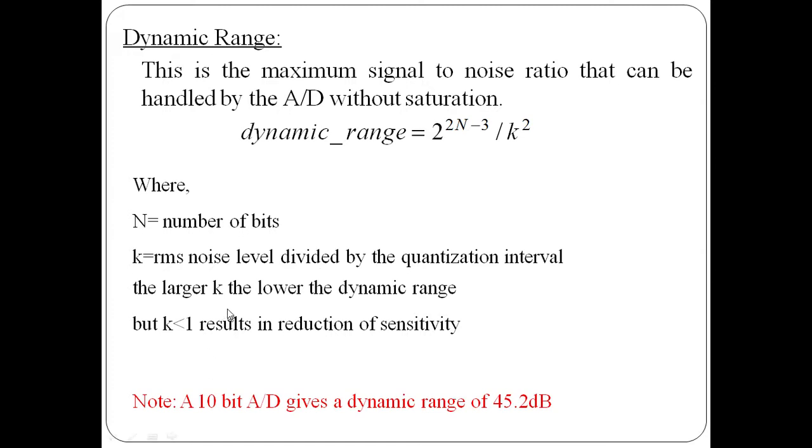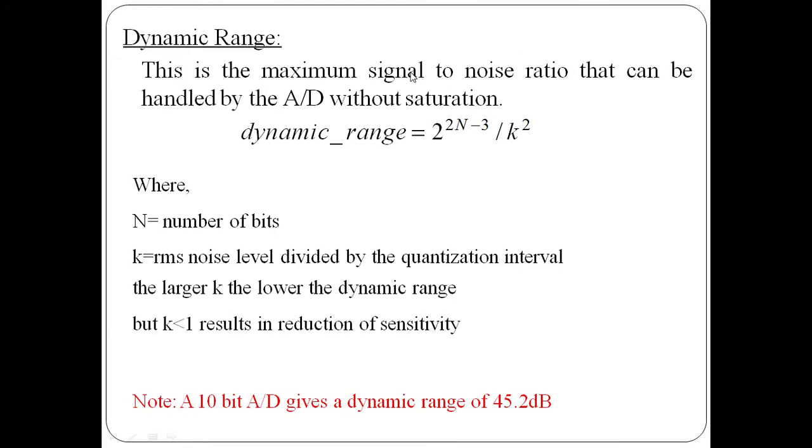The larger the k, the lower the dynamic range. How much can the A to D converter handle, the signal to noise ratio? Okay, it is very important.